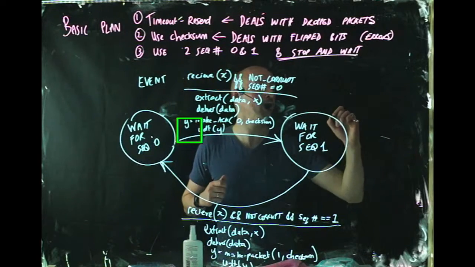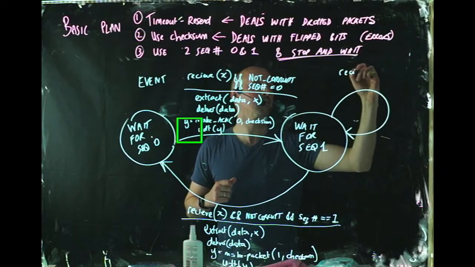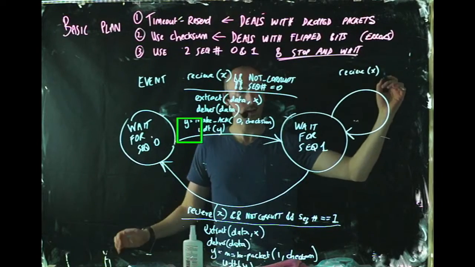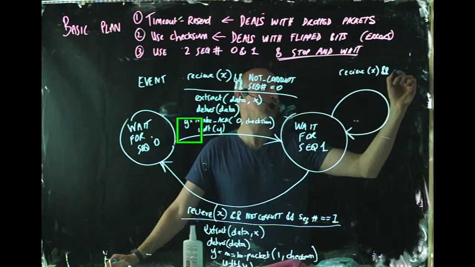So I need another situation here where I receive X, and its sequence number equals 0.